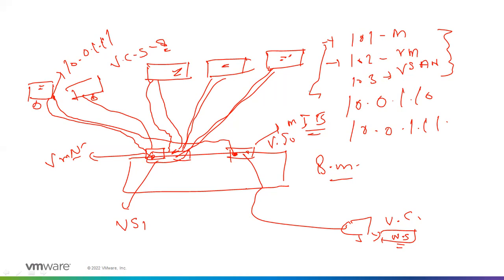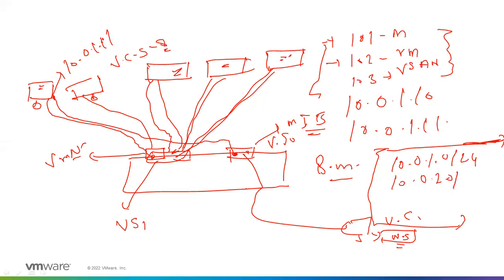For all these three VLANs, you can use a different subnet: 10.0.1.0/24 for management, 2.0 for the next, any range you can take, that's not a problem at all, and 3.0/24. Three subnets and three VLANs.